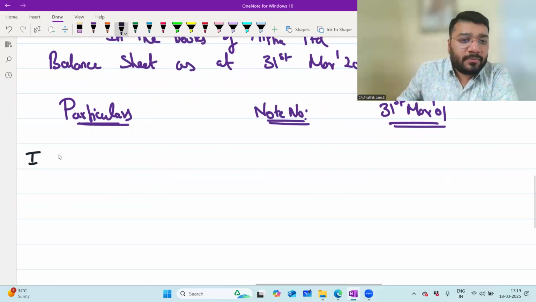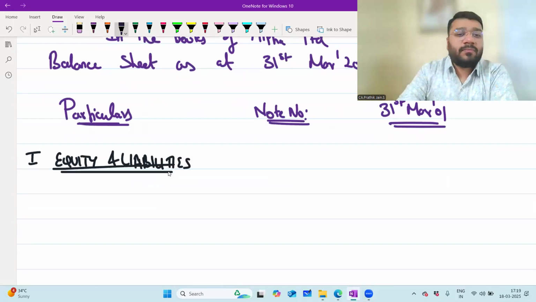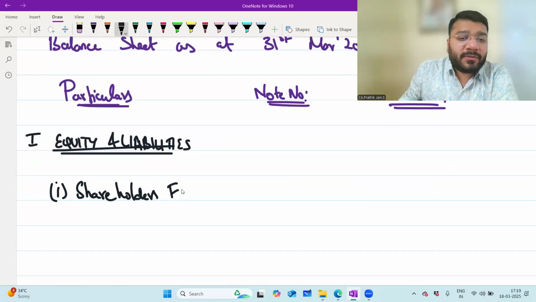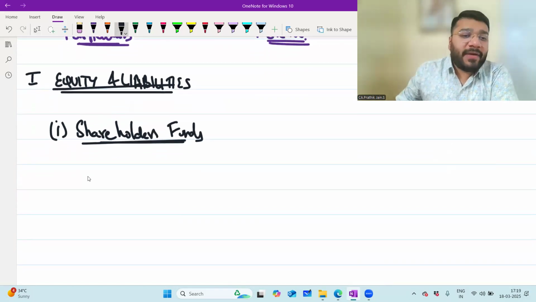Under that one, equity and liabilities. Under the first one is shareholders' funds. Under that we have share capital.